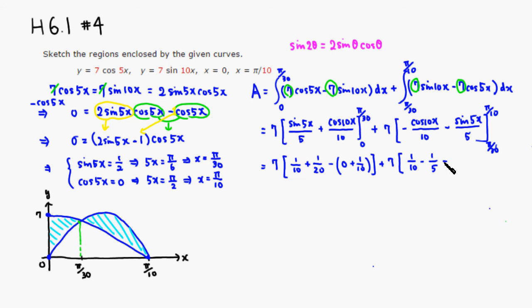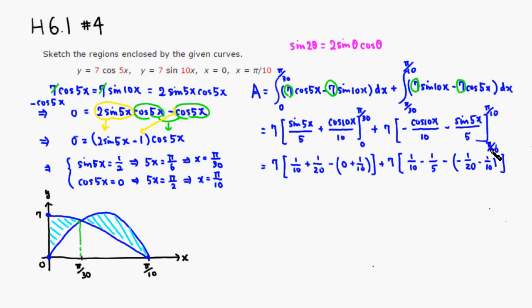Minus, if you plug in pi over 30 here, cosine of pi over 3 is 1/2, so it's negative 1 over 20. And then sine of pi over 6 is 1/2, so it's negative 1 over 10.